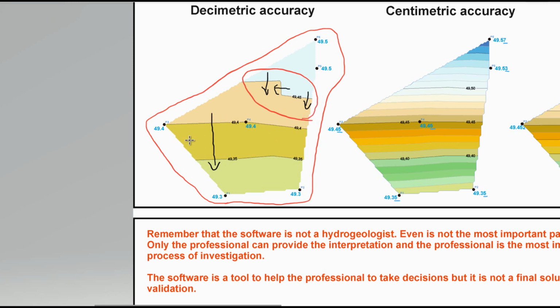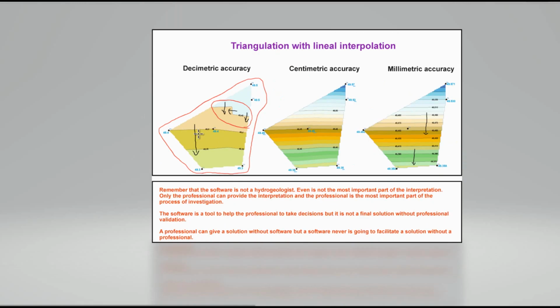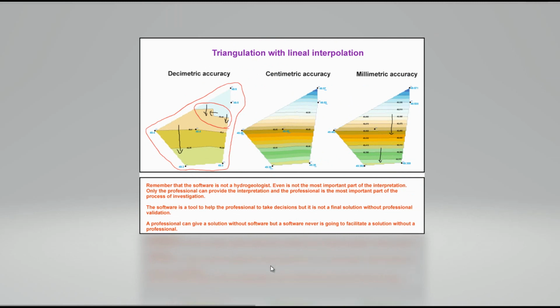But if you put the values in the software, it is always going to provide you a result. That's the problem. The software doesn't know if that result is good or not. That's the professional's decision, and that decision is based on your knowledge and your education.